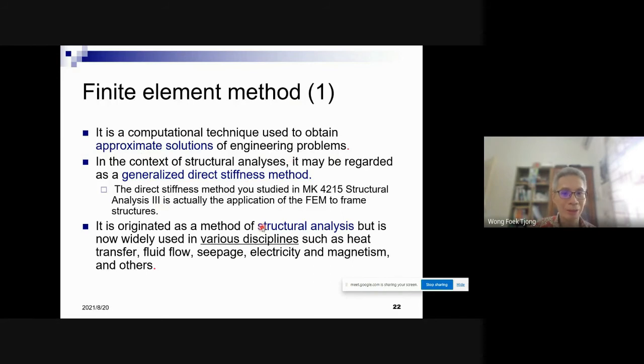For us who have learned structural analysis before, what is finite element? It's a kind of follow-up method, right? Have you ever learned about the direct stiffness method before? Have you learned the direct stiffness method, DSM?